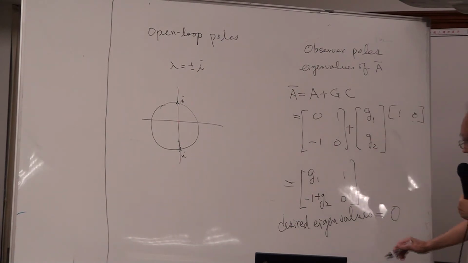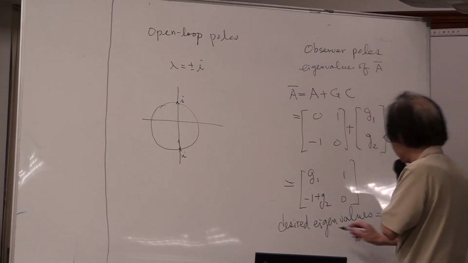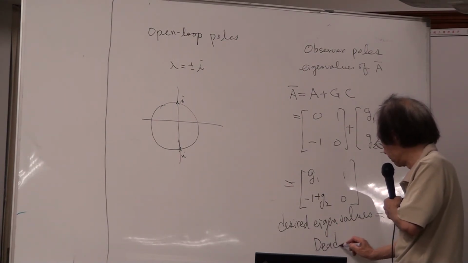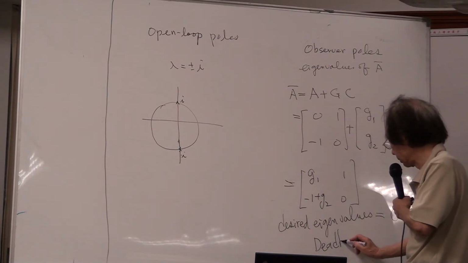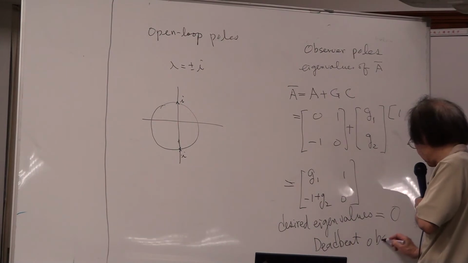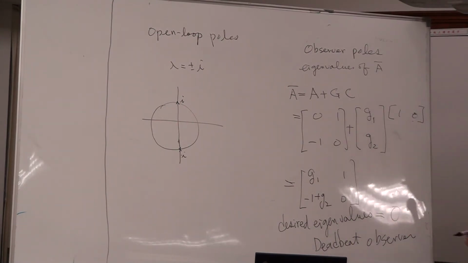Then all eigenvalues equal to 0, and this one we call deadbeat.